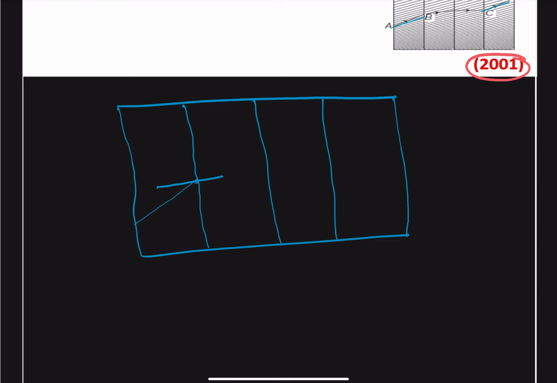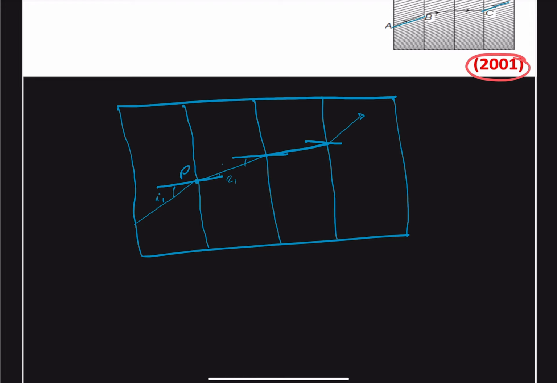Let us call this point P. This angle is our I1, and this is the normal, and finally it is moving in this direction, parallel to our incident one. So this is I1, let us call this R1.